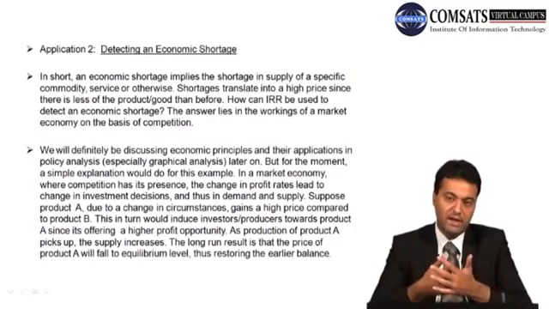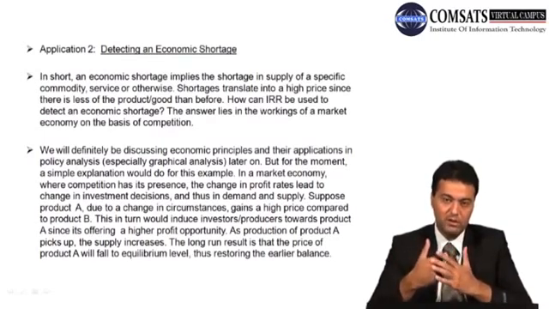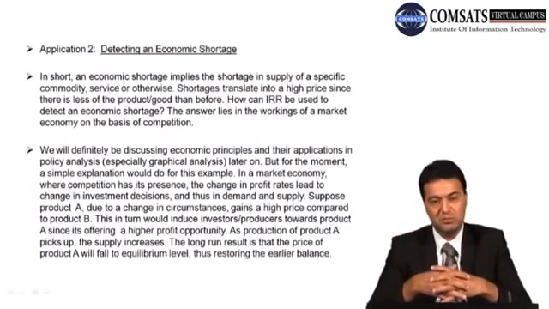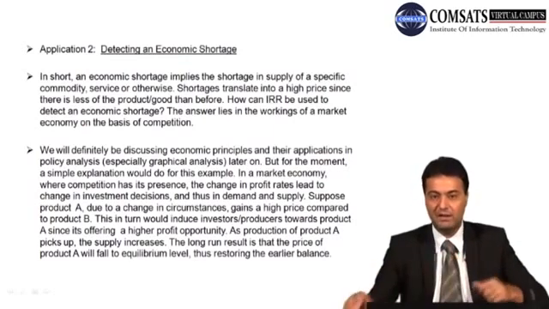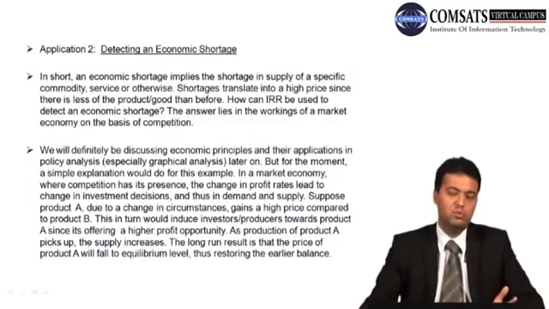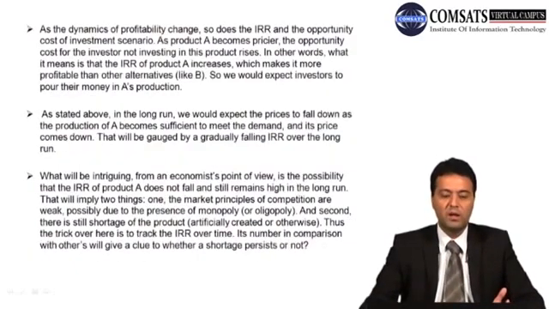Its price was high initially because there wasn't a lot of it and there was a lot of demand for it, but the supply didn't match the demand. Now there is a lot of supply which matches the demand, so the price will definitely come down. That is the long run. Thus, it will restore the earlier balance or the required balance.